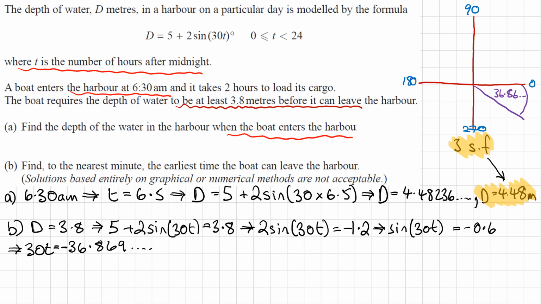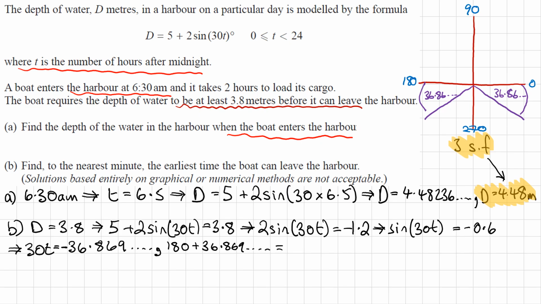Because we're solving for sine, we reflect in the y-axis, so there's going to be another solution over here. So another value for 30t is going to be 180 plus 36.86.